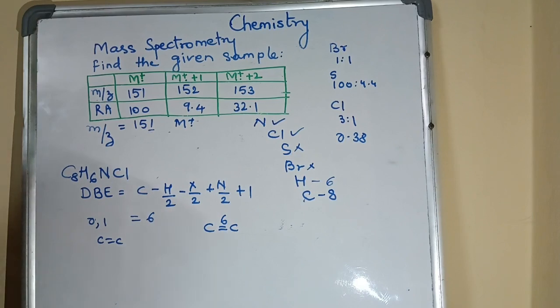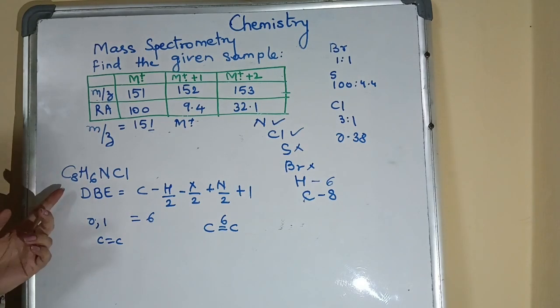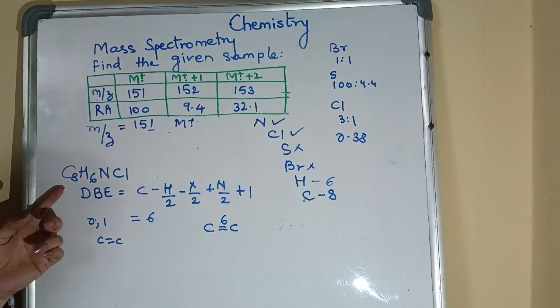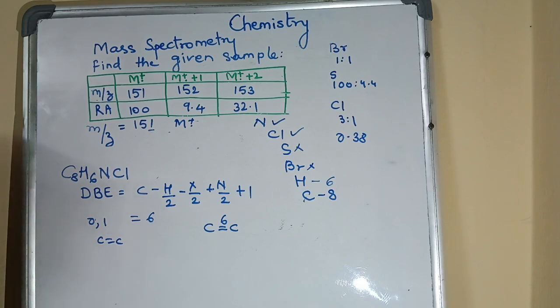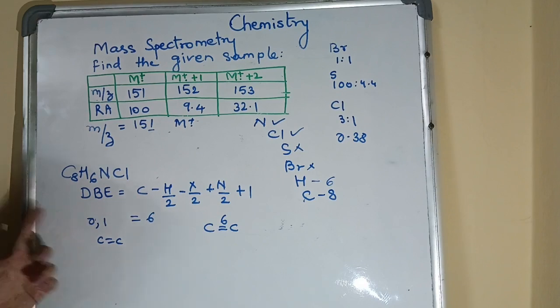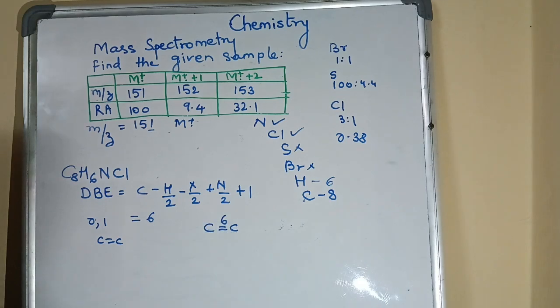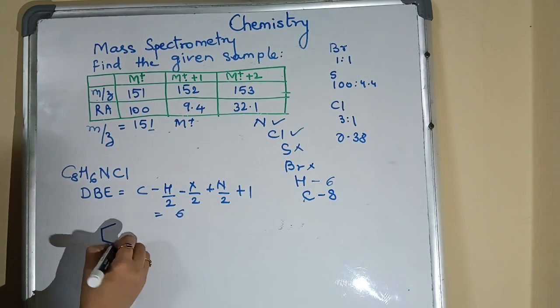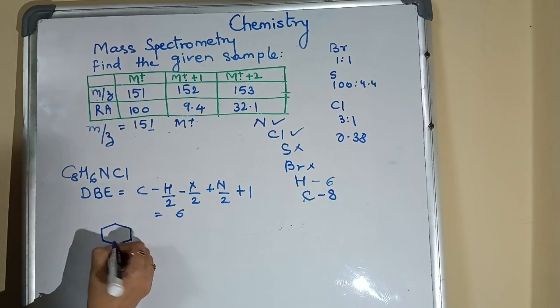Okay. Now this may be a cyclic compound or may be an acyclic compound. We do not know that. Now, if it is a cyclic molecule, let me take it may be a benzene ring.